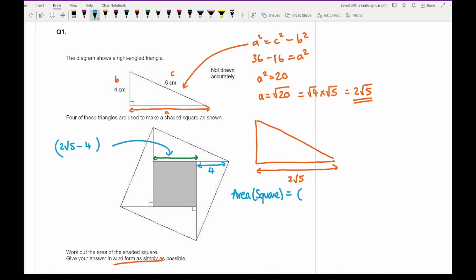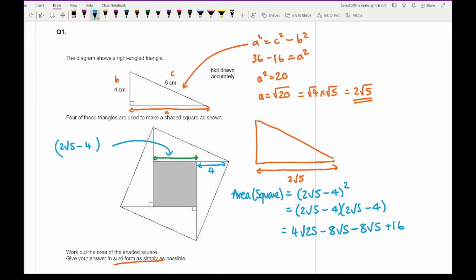So from this, what I can then do is work out the area of the square, which is going to be 2 root 5 minus 4 squared, which is 2 root 5 minus 4 times 2 root 5 minus 4, double brackets. Then expanding the double brackets, I get 4 root 25 minus 8 root 5 minus 8 root 5 plus 16.